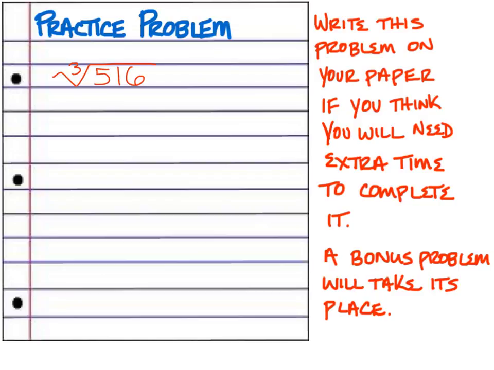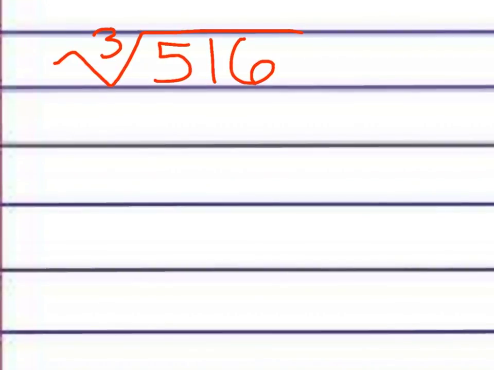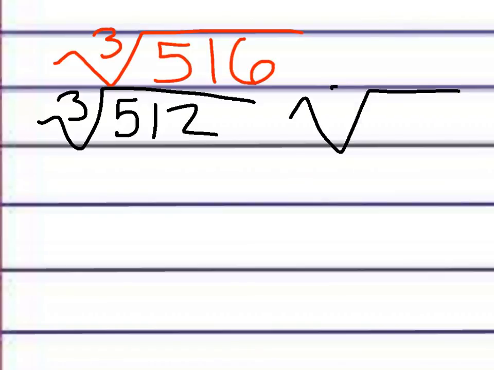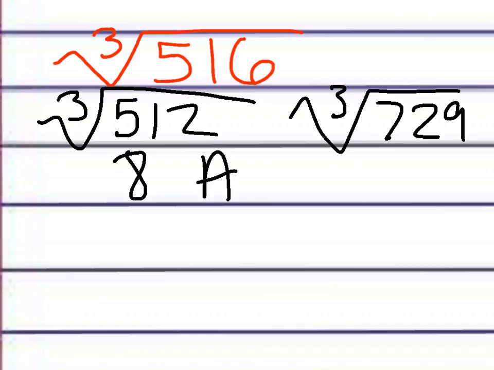Okay, for practice problem number 3, we have the cube root of 516. That is going to be between the cube root of 512 and the cube root of 729. So our answer will be 8 and 9.